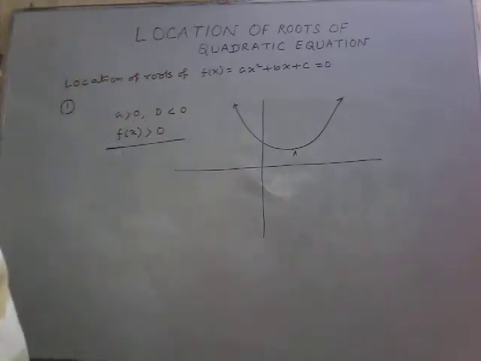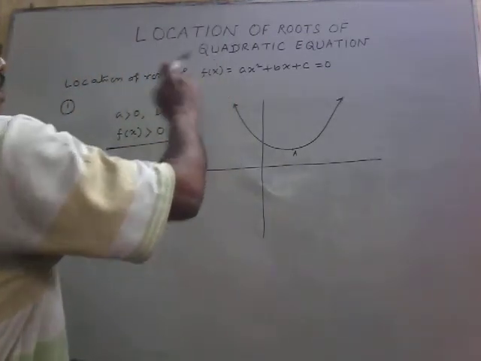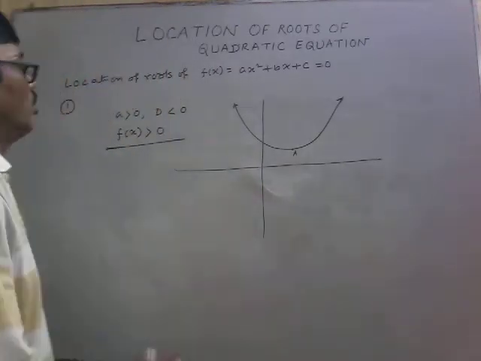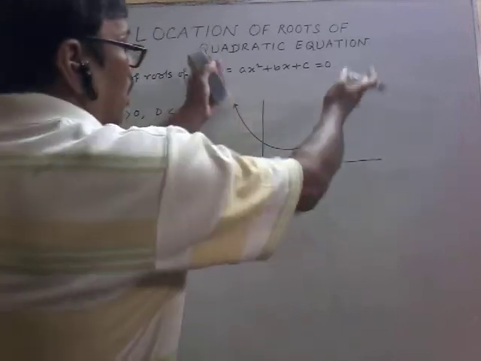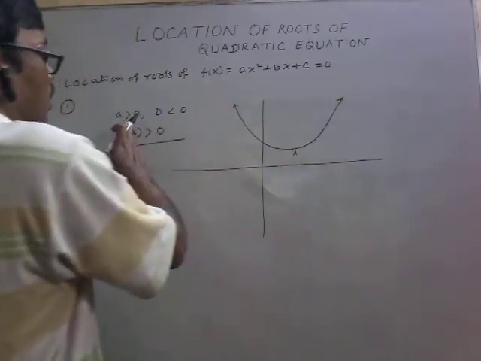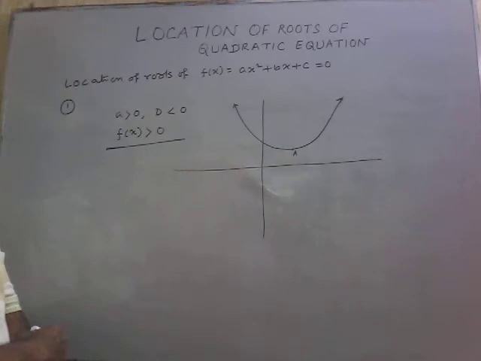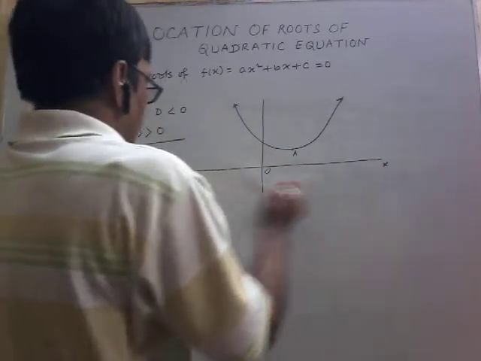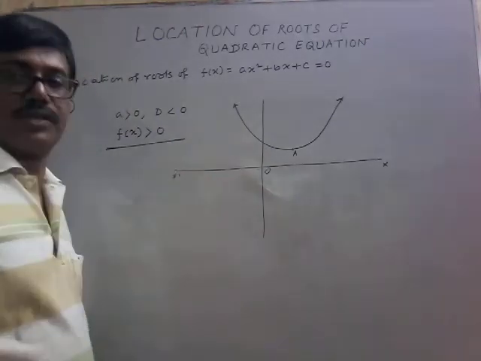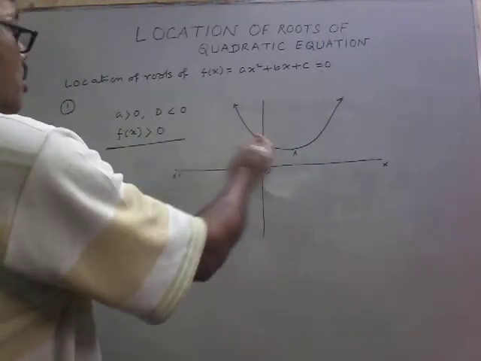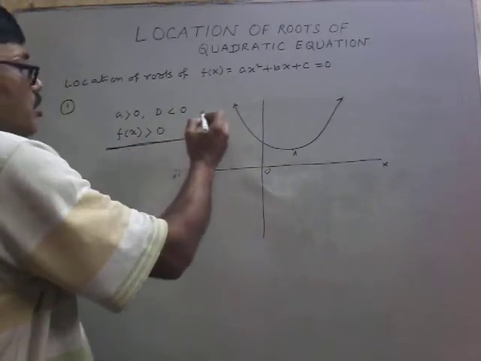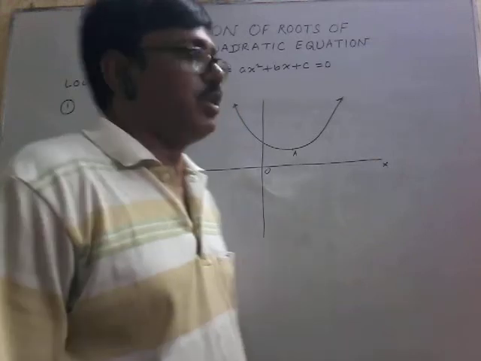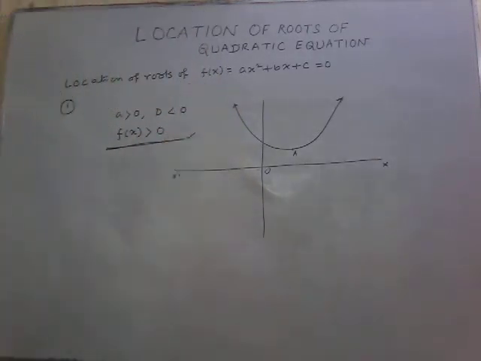So if the function is positive, then this parabola has a greater than 0, opens upwards, and D less than 0. It does not cut the x-axis, so it is above it. This idea we also need for location of roots.